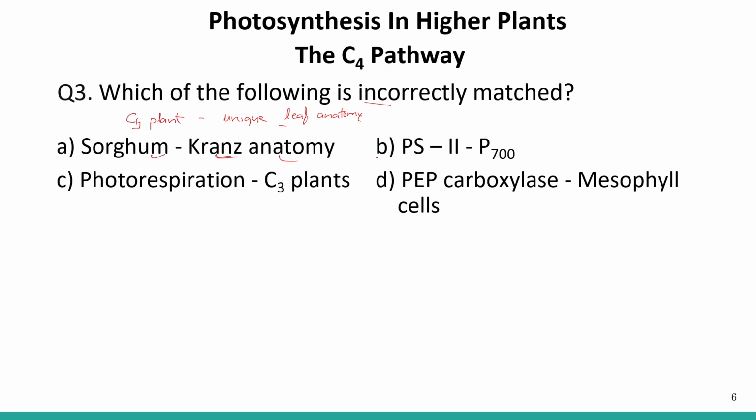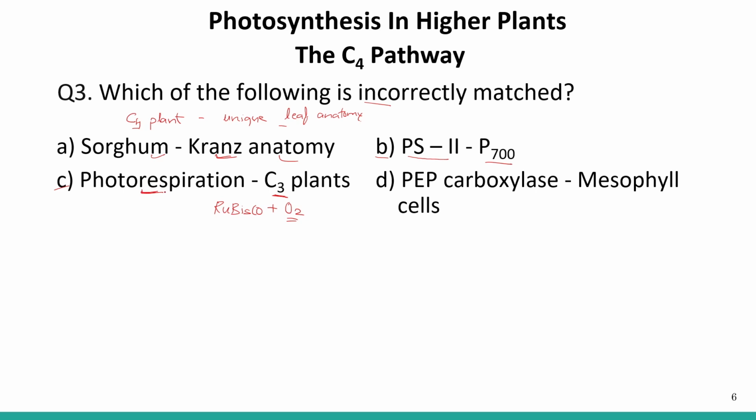Now let's talk about option B. They are saying PS2 is related to P700. Let's look at the third option also: photorespiration and C3 plants. So this is also correct. Photorespiration occurs in C3 plants when the enzyme Rubisco binds to oxygen.